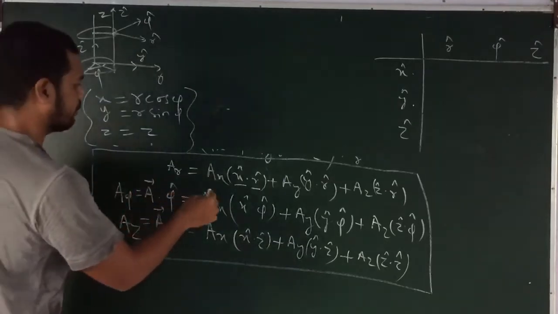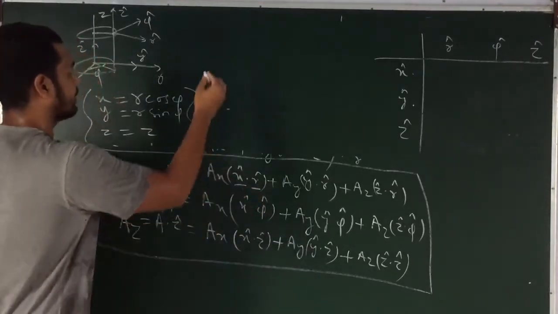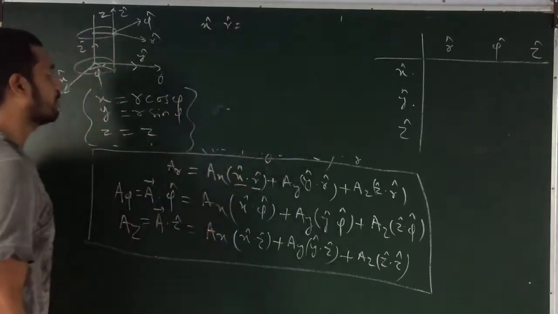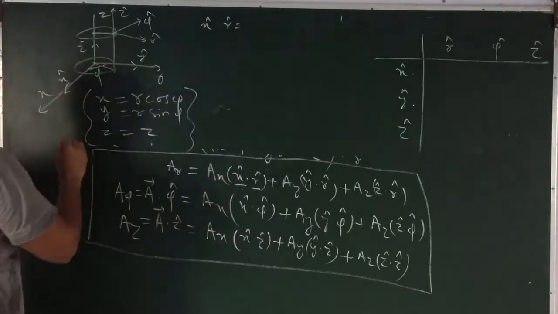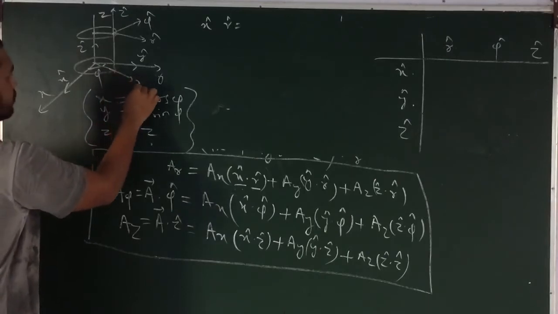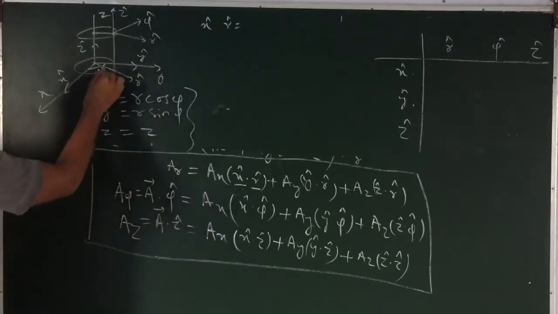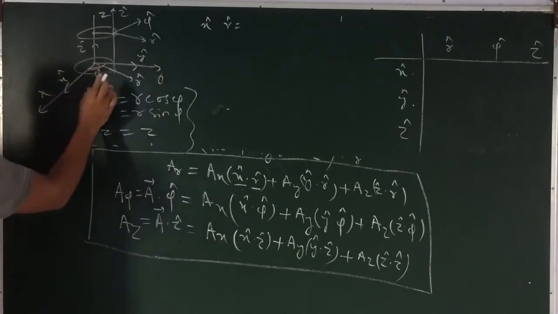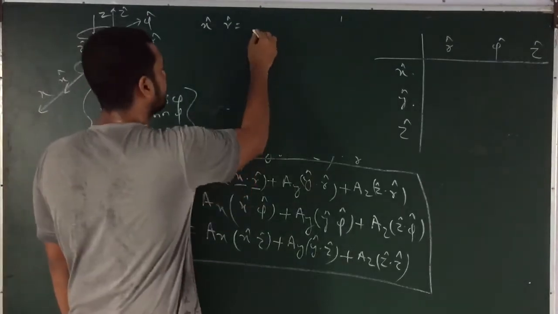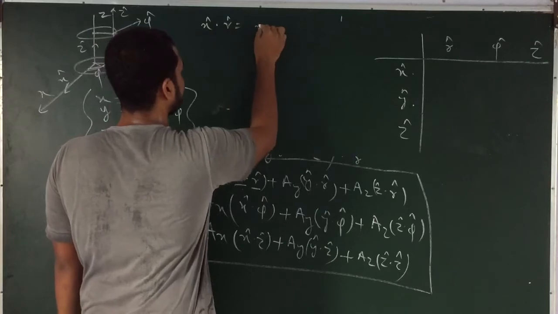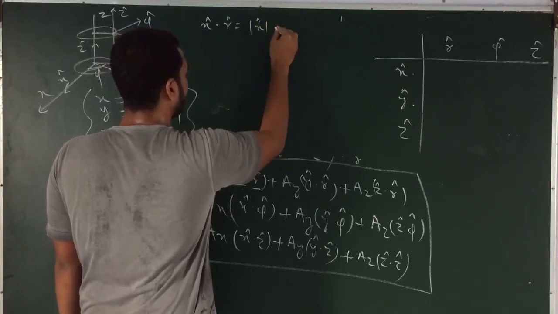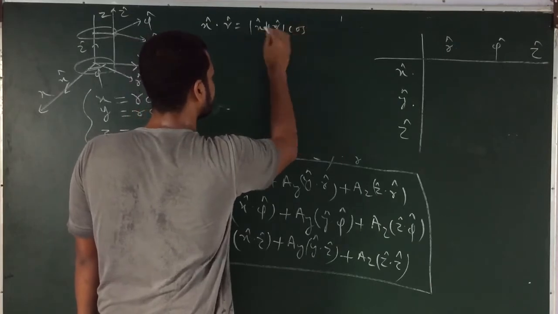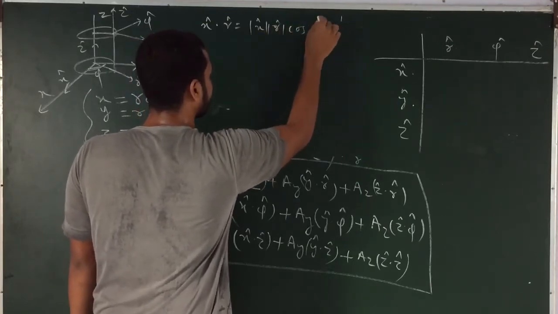Then what we have to find is x cap dot r cap. What will be the value of x cap dot r cap? The direction of x cap is here, and the direction of r cap is also at this point here. So this angle is phi between the x cap and r cap directions. To find x cap dot r cap, you just have to put x cap modulus, r cap modulus, cos of the angle between x cap and r cap, which is phi.